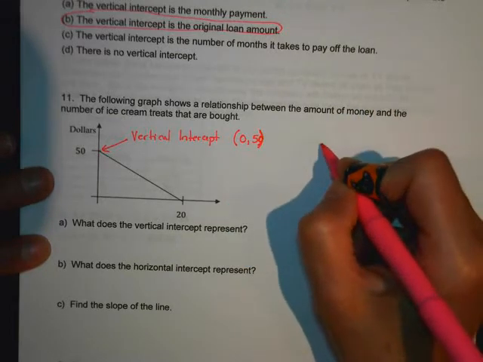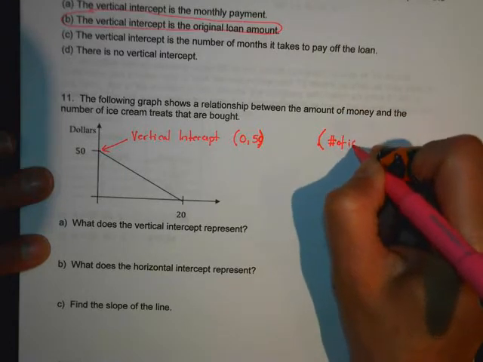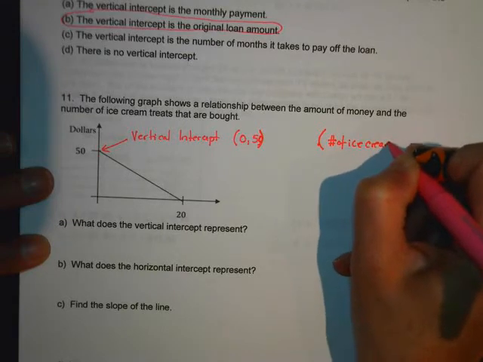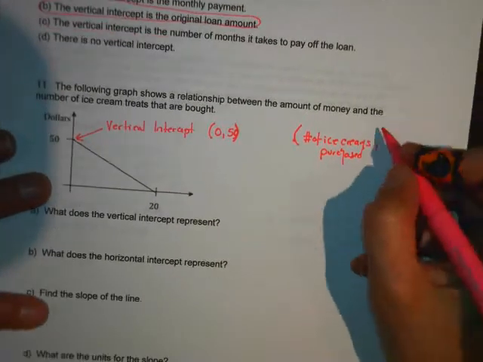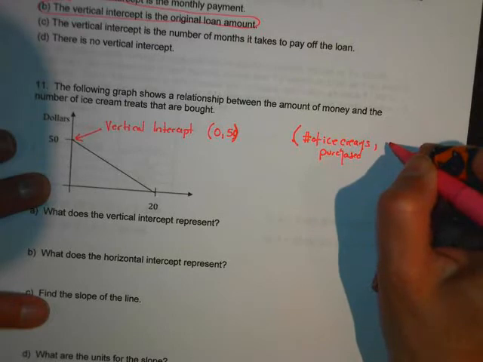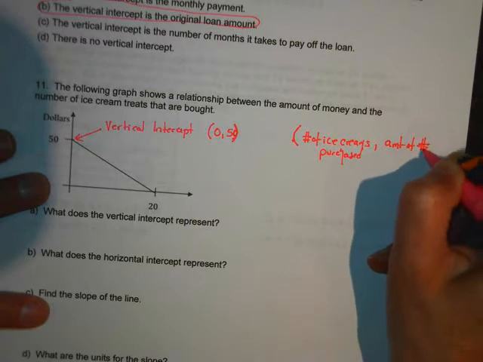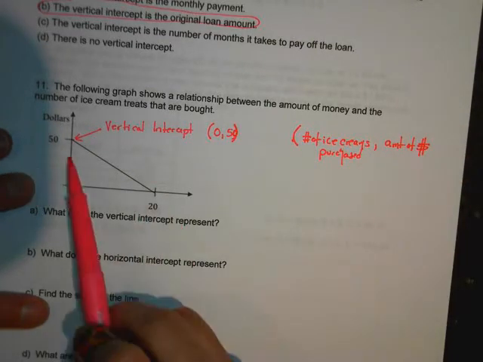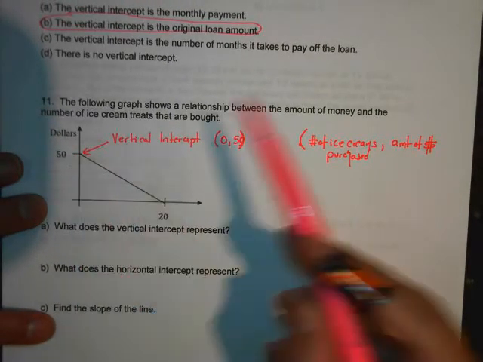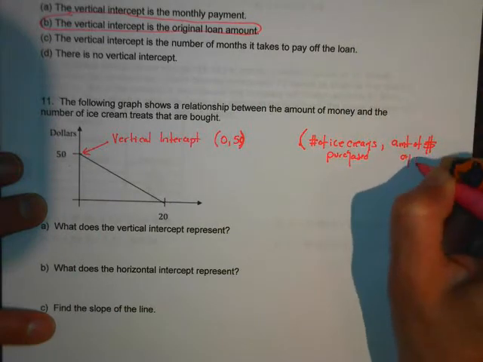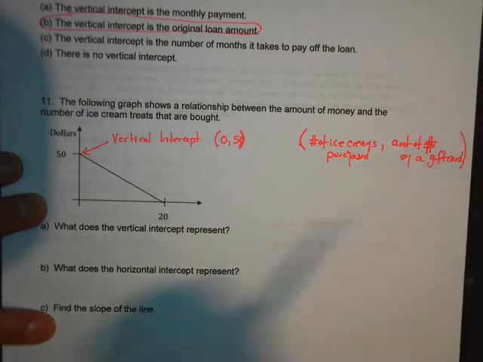Now, the input, let's put it in an ordered pair. So this is the number of ice cream treats. Number of ice creams purchased. That's my input. And my output is the amount on a gift card. Amount of money. I'm assuming like you have a $50 bill in your pocket and it's purely used for ice cream, or the amount of money on a gift card, because it's going down the more ice creams that you purchase.